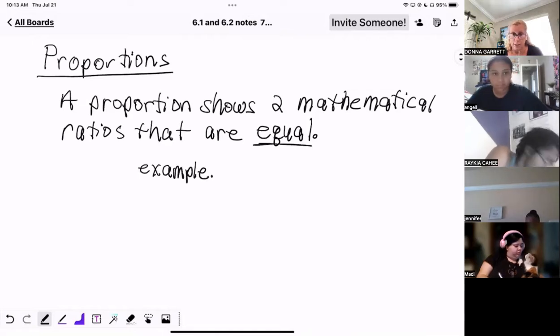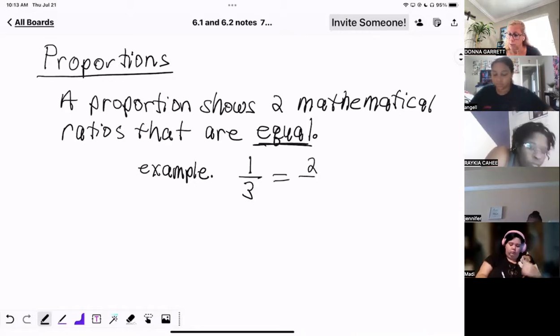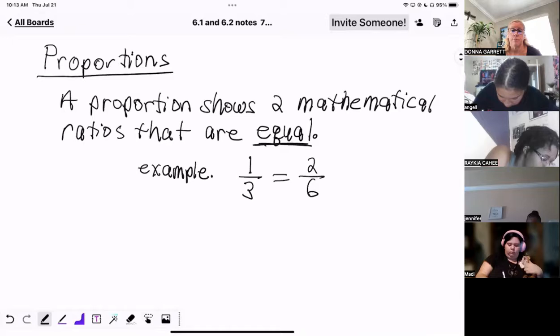So remember they're equal, right? So this would be a proportion. 1/3 is equal to 2/6. That's a proportion. There are two ratios. And by the way, they're always fractions. Two ratios or two fractions that are equal to each other. That's a proportion.